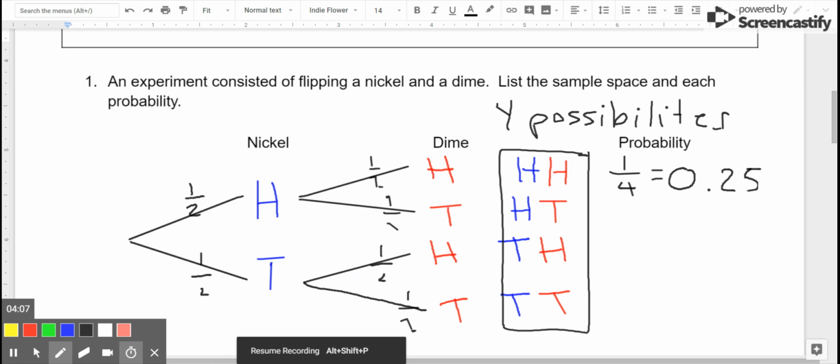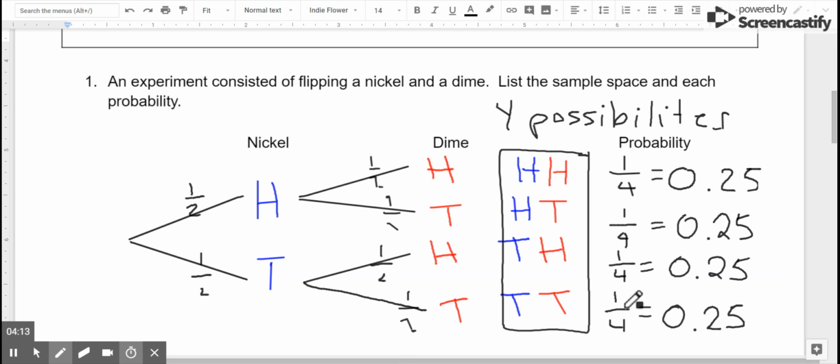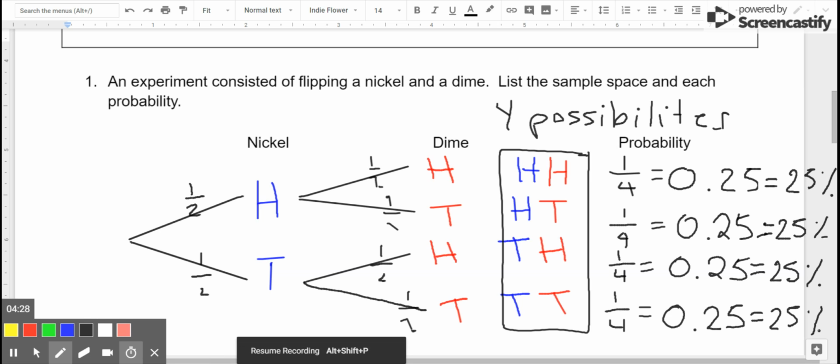That will be the same for all 4 of these outcomes. Something we might notice is that if I add up all these probabilities, they add to 1. If I add 1/4 4 times, it gives me 1. The same thing will happen if I add 0.25 4 times. Or if I think about it as a percent, that'll be 25%, and if I add 25% 4 times, I get 100%.